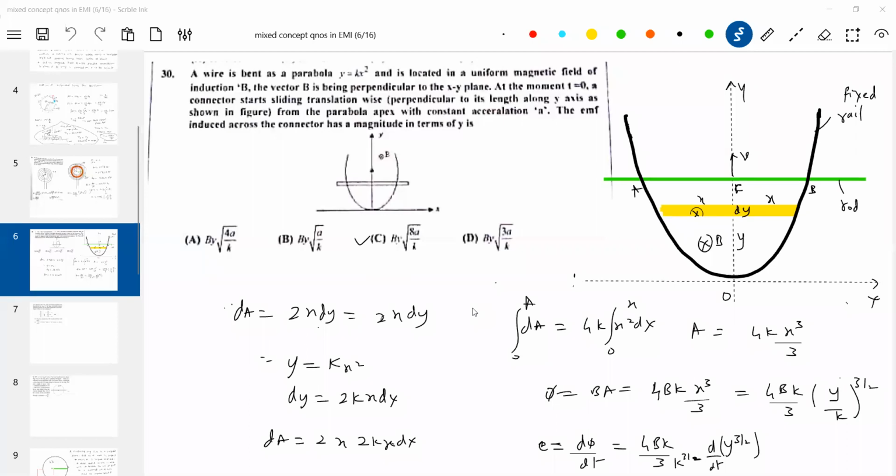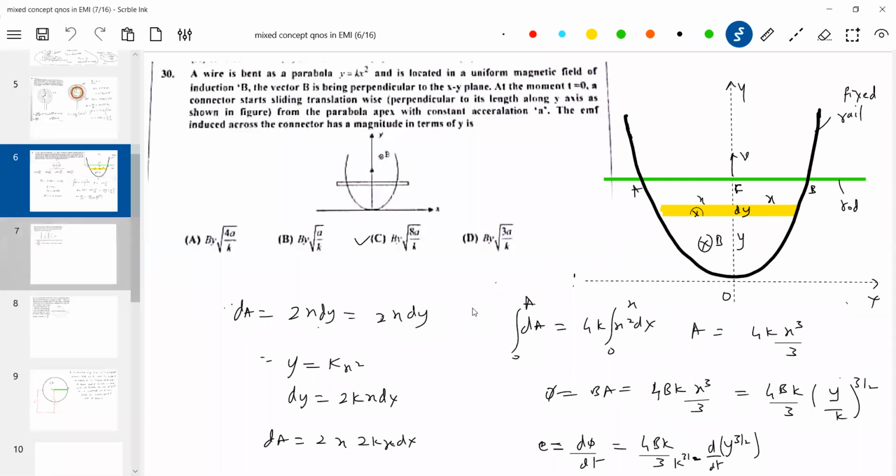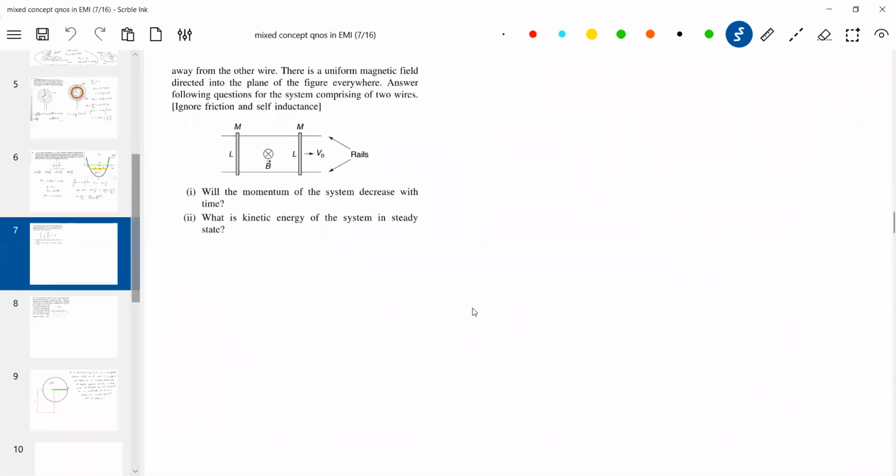So check the EMF induced. Constant acceleration is being asked. So further, velocity, what happened? You can write it in terms of a. You can bring it and do the calculation. Okay, read this question. It's a very simple one.